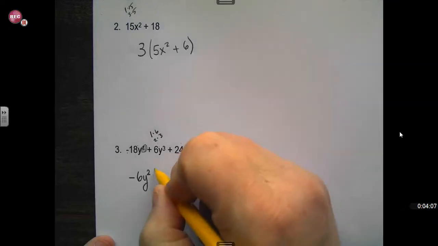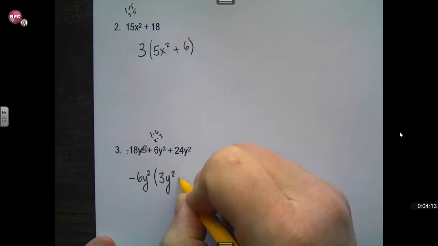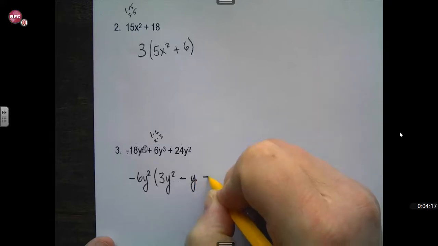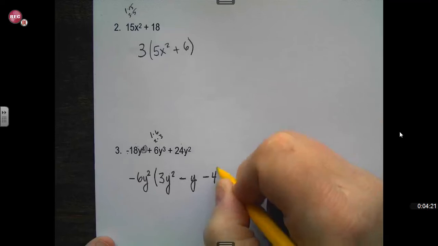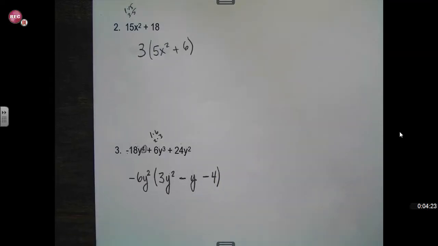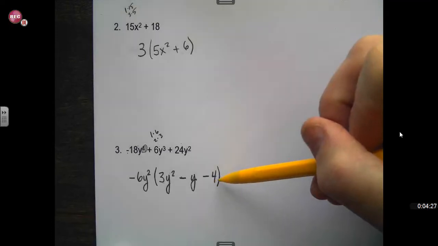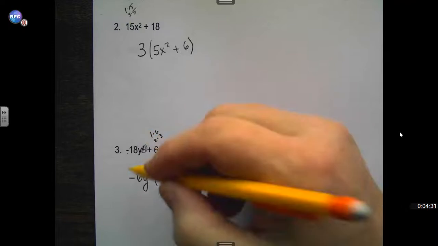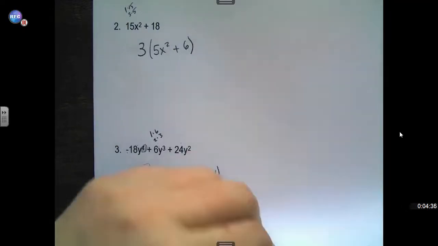If I did that, I would have 3y squared. Because I factored out a negative, this would be minus y, and then minus 4. Again, what we're leading up to is that eventually we'll be able to factor that trinomial. They were just looking for the greatest common factor, but I went ahead and factored it out.